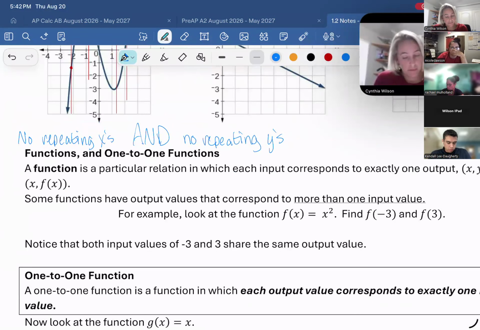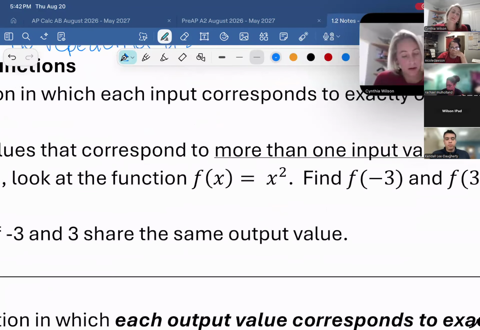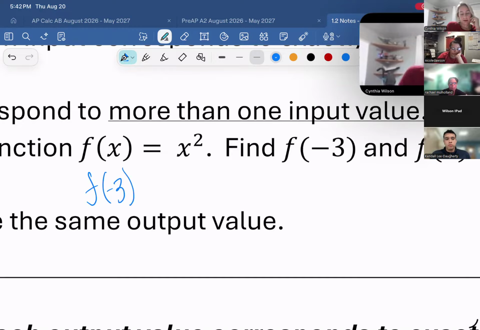So if I have a function, something like f of x equals x squared, I plug in -3. I'm going to find f of -3. That means we take that -3 and replace that x. So that's -3 squared, which is 9.